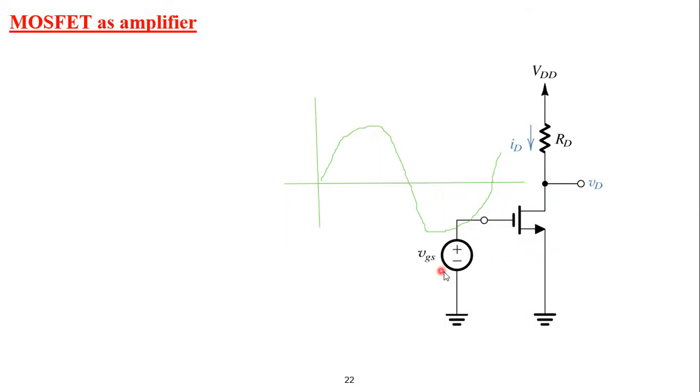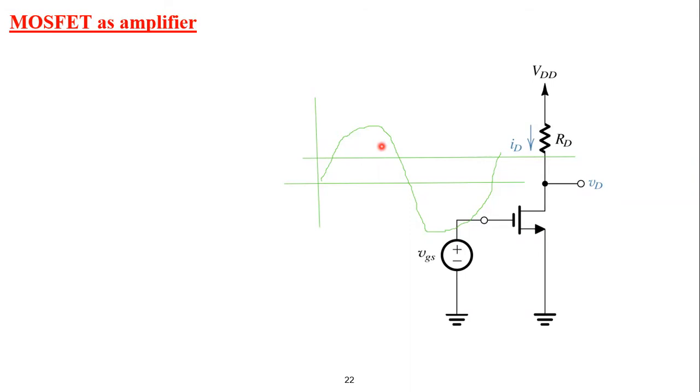So if you just connect an AC source to the gate of a MOSFET, that simply means that whenever your voltage is smaller than V threshold, which is this horizontal line I just drew, in this region your MOSFET will not operate. The MOSFET will operate only in this region, because here the voltage is greater than V threshold. Otherwise, the MOSFET will not work.